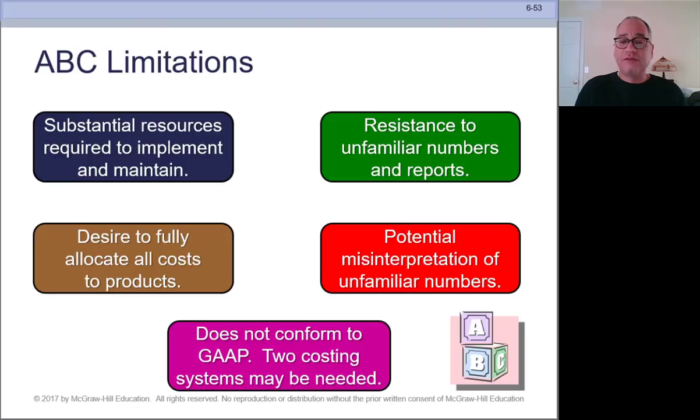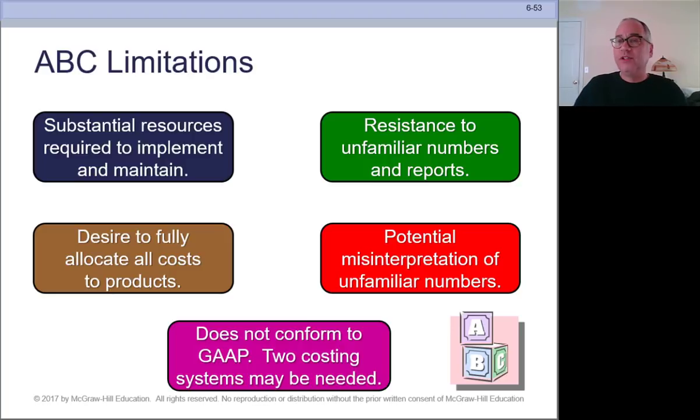So there are a lot of resources involved, and you have to really think about what's driving your costs and how to set up your cost pools. There are very natural ways to do it because you spend overhead in certain ways. So it's easy to see where the overhead is going and what's causing those overhead costs to happen.